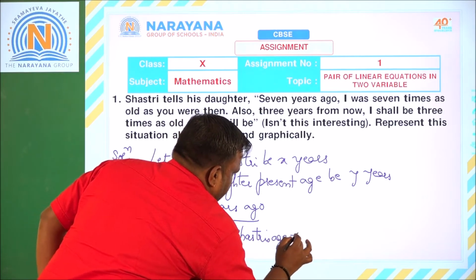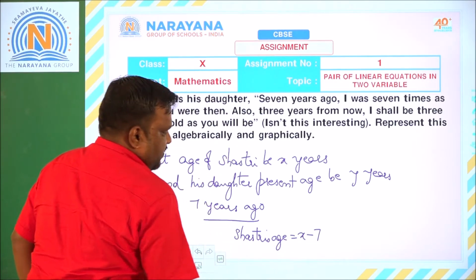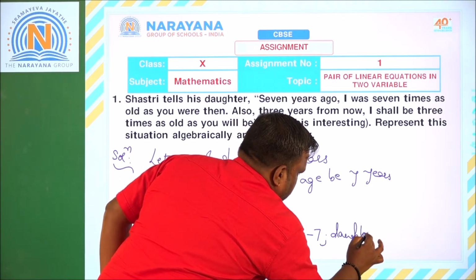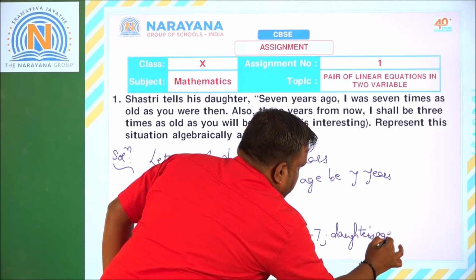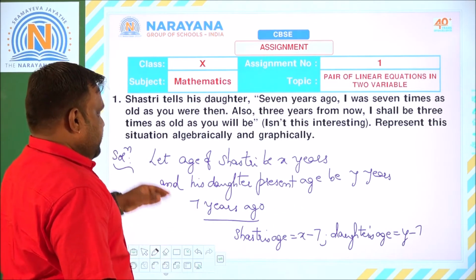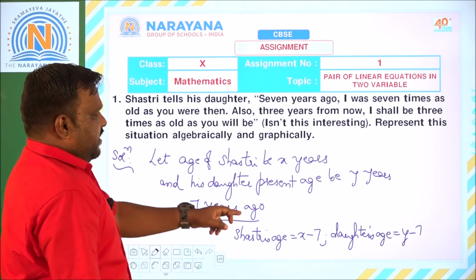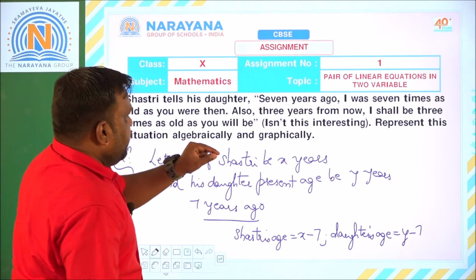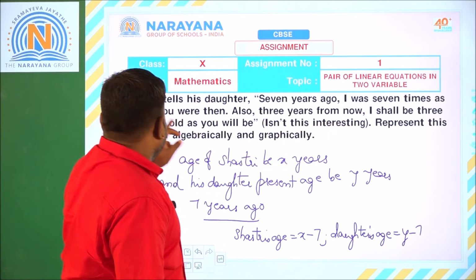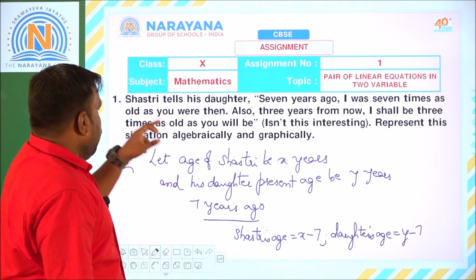Shastri's age will be x minus 7, and similarly the daughter's age will be y minus 7. So if you observe this sentence once again, 7 years ago I was 7 times as old as you. This was told by Shastri.